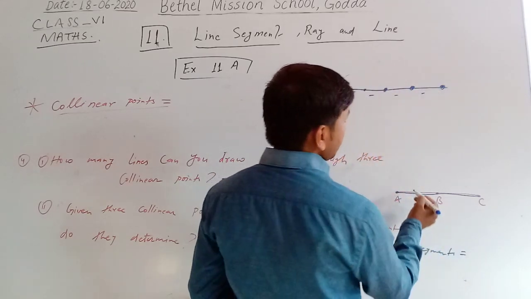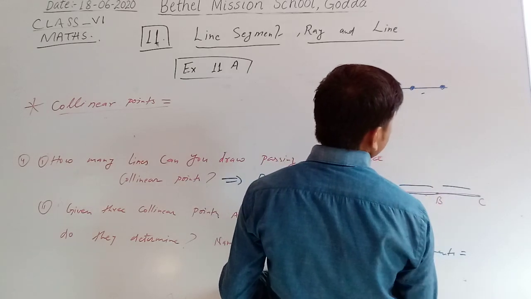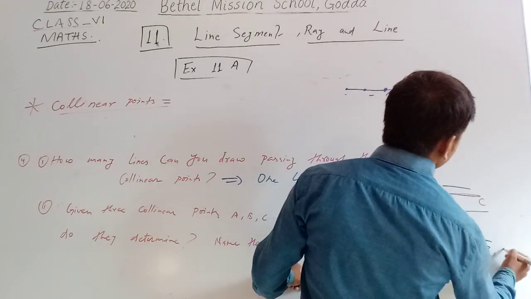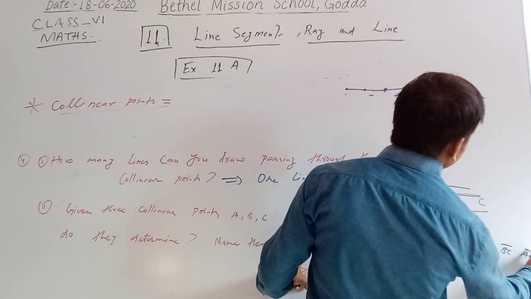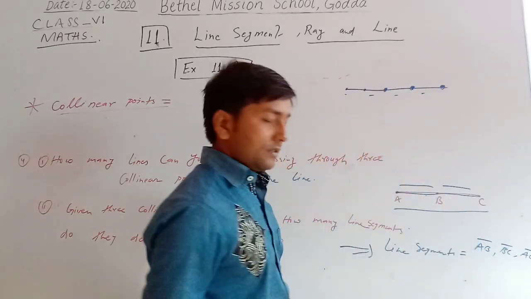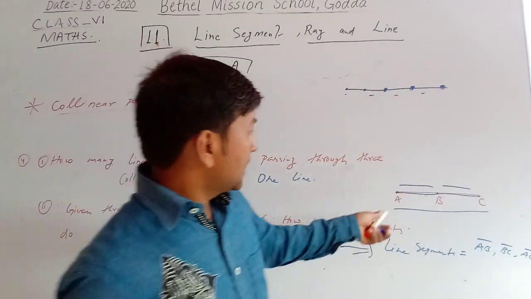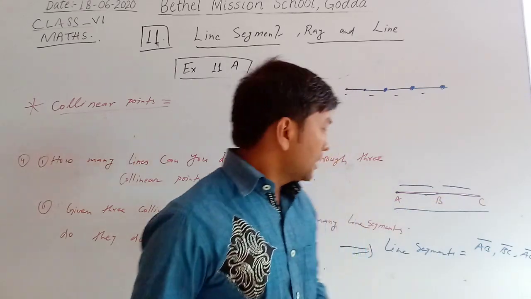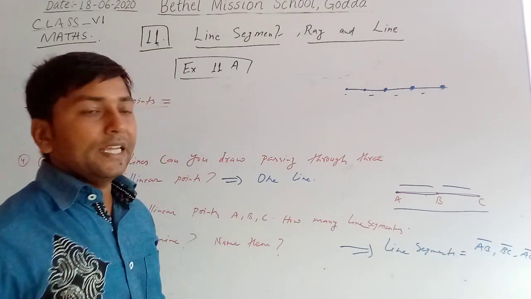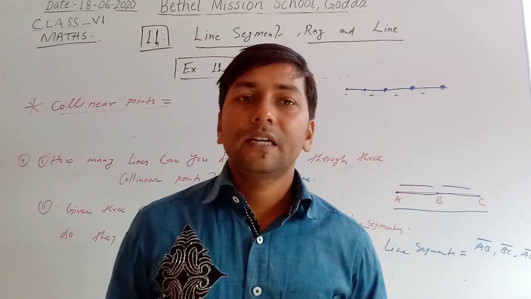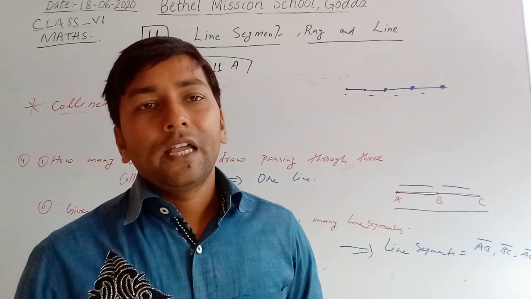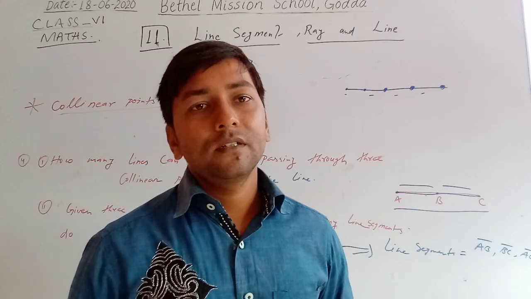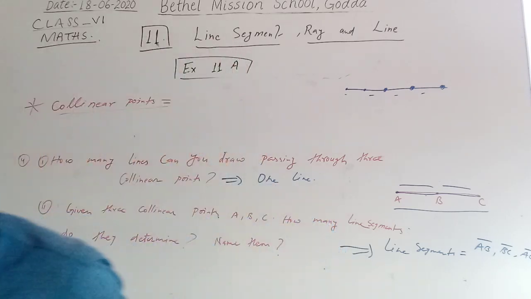AB, BC and also AC. 3 line segments from A to B, B to C and A to C. So second number answer is 3 line segments. I have written the names. Okay, I hope you got it. Now we will see you in the next video. Till then, have a good day. Bye.